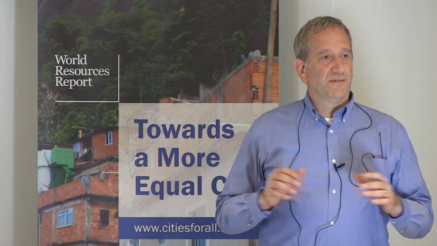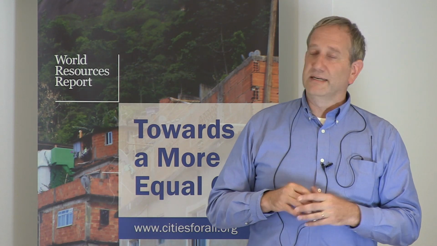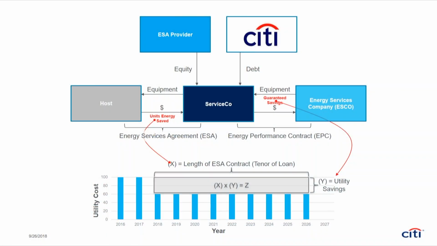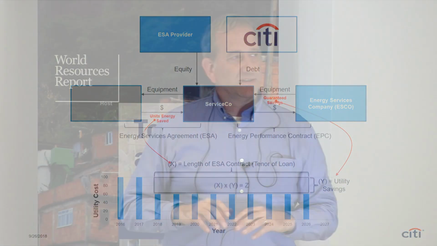There is an efficiency version of this called either an efficiency services agreement or an energy services agreement. That's what this diagram is, which ties back in a lot of ways to the previous chart, which I'll explain in just a moment. Under an efficiency services agreement, it's the exact same scenario.